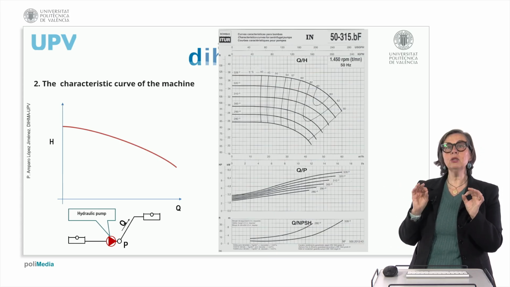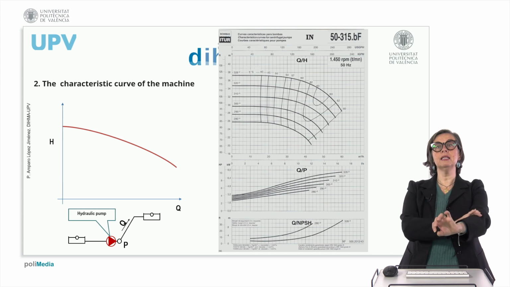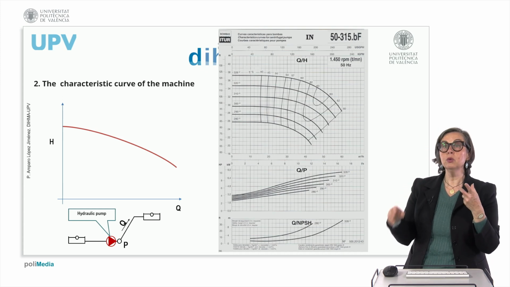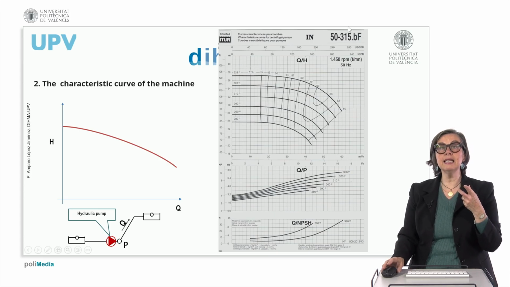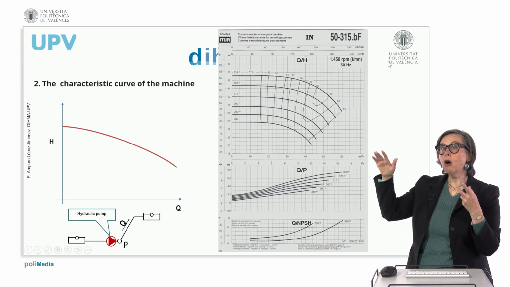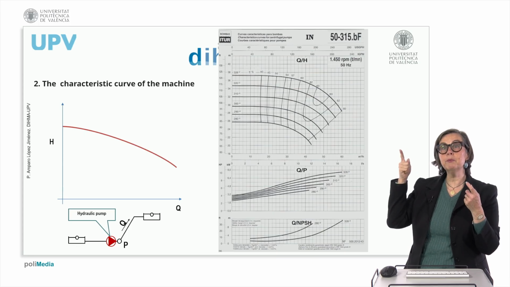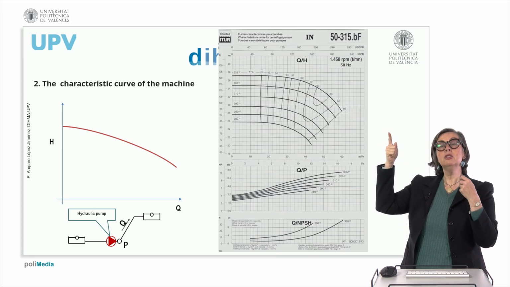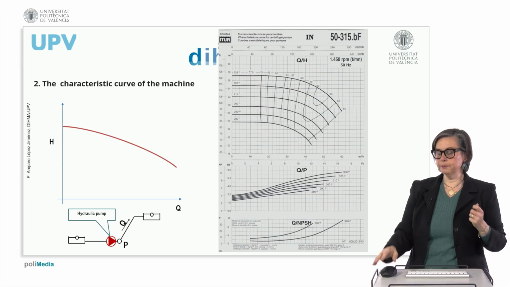So the main curve representing the characteristics of the machine is the characteristic curve, which represents, in this case, the relation of flow versus pressure, which is here on the top part of the supplier curves.